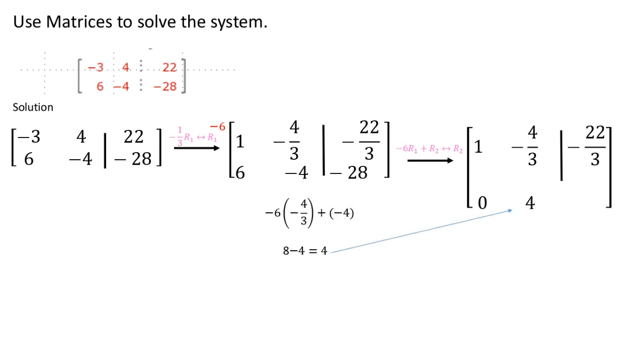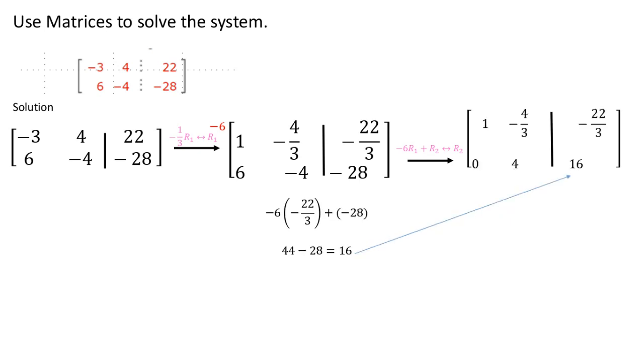Here, when I multiply a -6 times a -4/3, it's going to give me 8 minus 4, which is going to be 4. And when I multiply a -6 to a -22/3, it's going to give me 44 minus the 28, which is going to be 16.